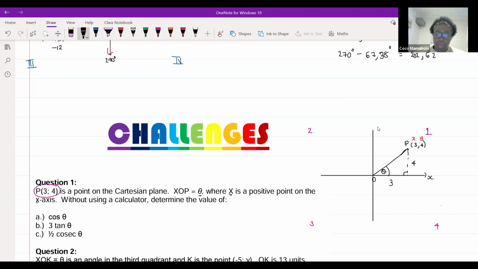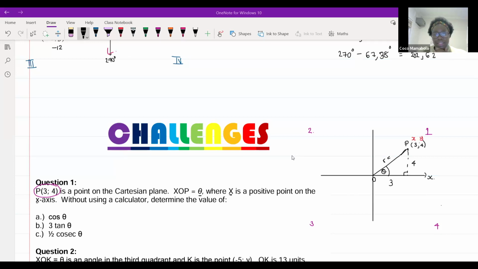Okay, but if we're being completely honest, we can't do anything until we find what? What do we need to find? R. R, absolutely, yes. Good stuff, my darling, well done. We must first find the hypotenuse, because your cos needs hypotenuse.